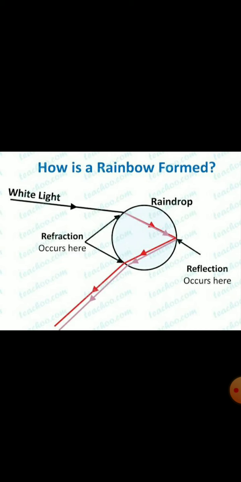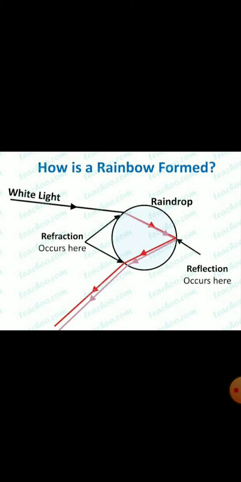When reflection takes place within a medium, here it is water, then it is known as internal reflection. And as a result, different colors reach the observer's eye.